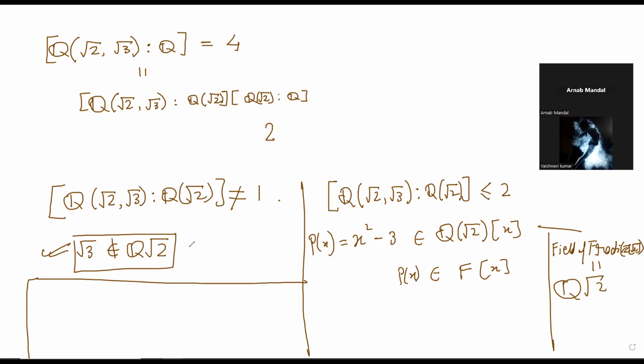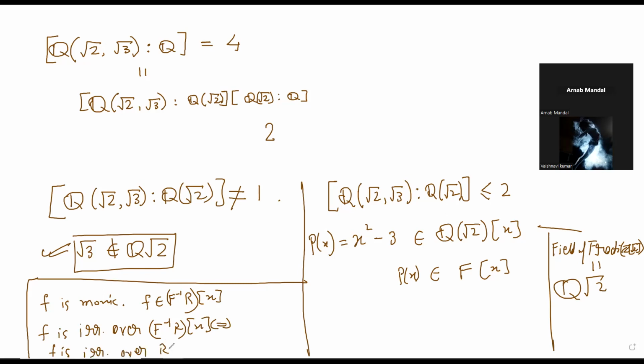So I think if we say that f is monic, and f is in F[x], where F is the field of fractions of a ring R, then f is irreducible over F is the same thing as f is irreducible over R. Vaishnavi, is this statement correct?